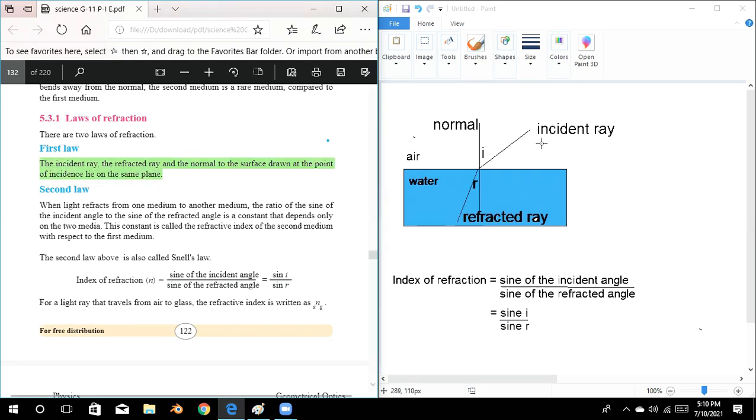Here, the incident ray, refracted ray, and normal, these three lines meet in this surface at one point. That is the first law of refraction, right?